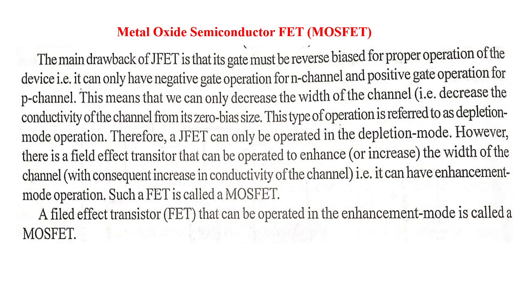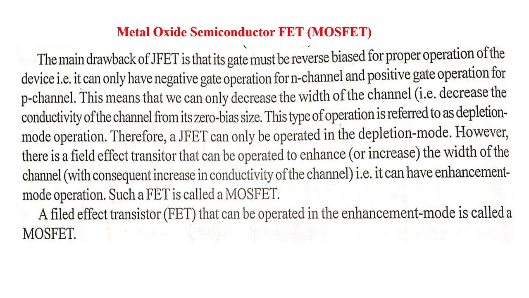The main drawback of JFET is that its gate must be reverse biased for proper operation of the device. That is, it can only have negative gate operation for N channel and positive gate operation for P channel.